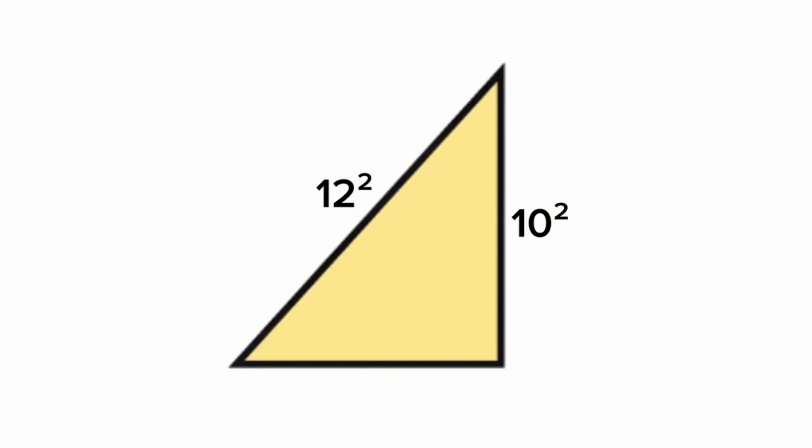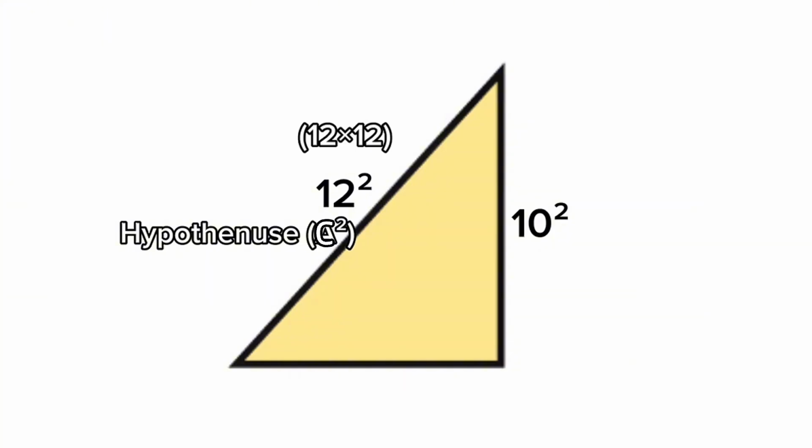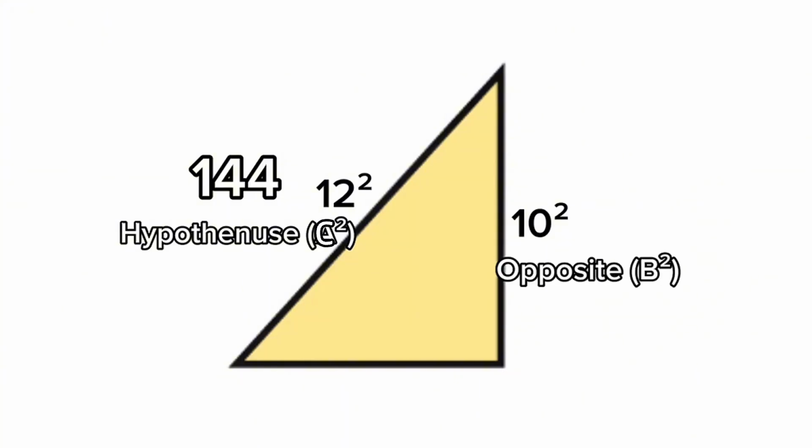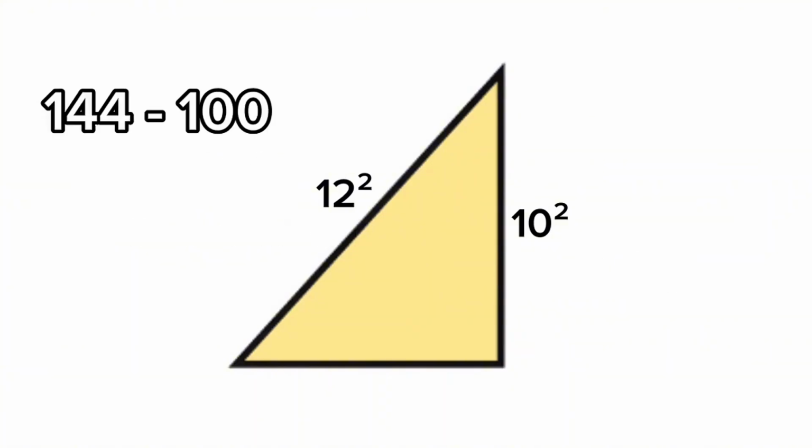12 squared and 10 squared. The 12 squared is the hypotenuse. Then 12 times 12 is equal to 144. Then the 10 squared is the opposite, b squared. 10 times 10 equals 100. 144 minus 100 should be 44.